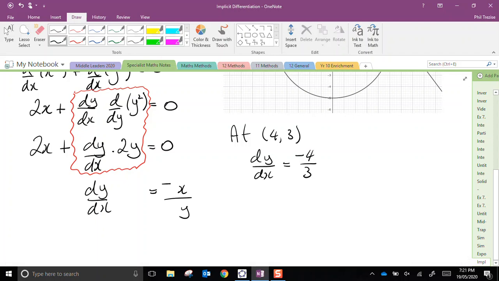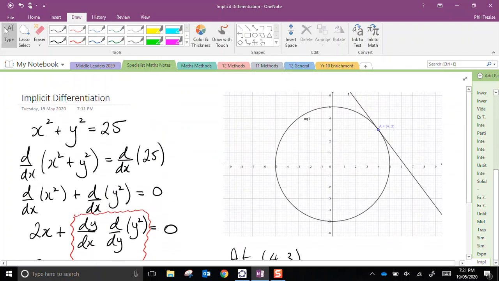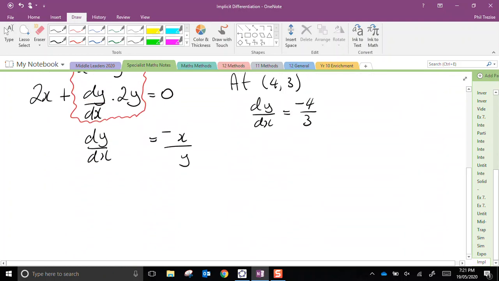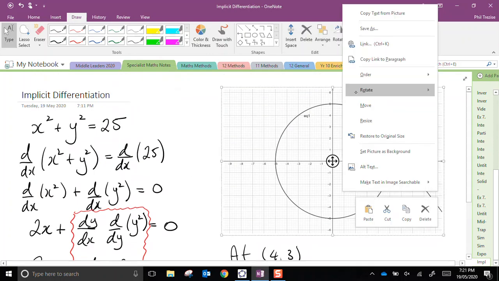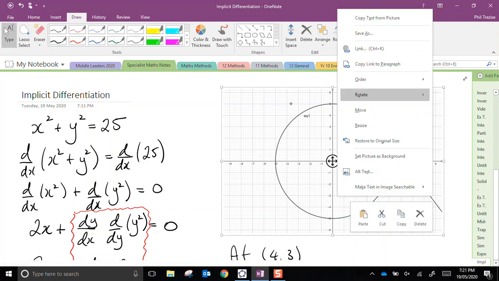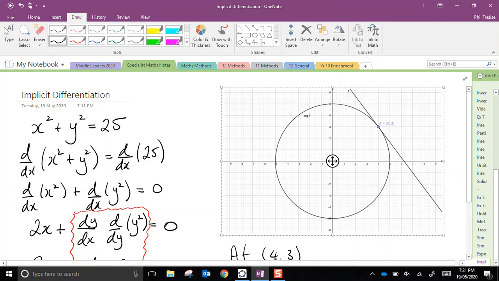So my line then, I could use the expression y take y1 over x take x1 equals the gradient. So effectively what I'm doing, I'm imagining some point here, which is labelled x, y.